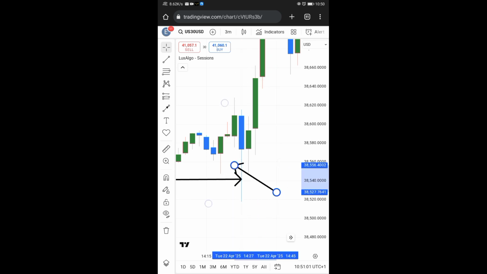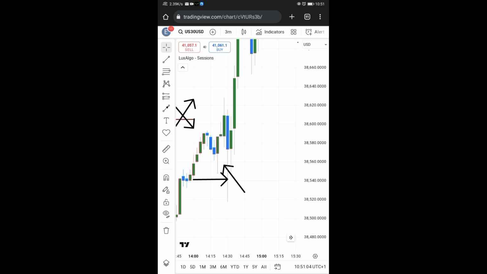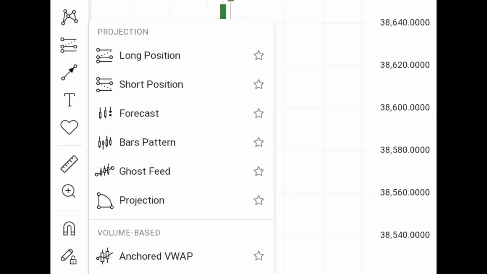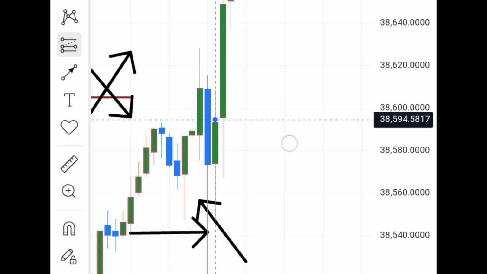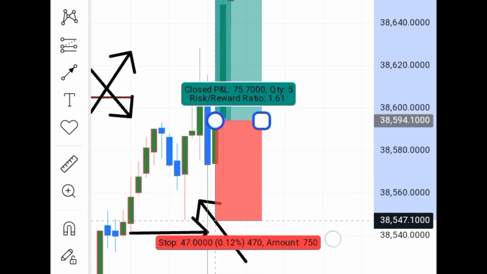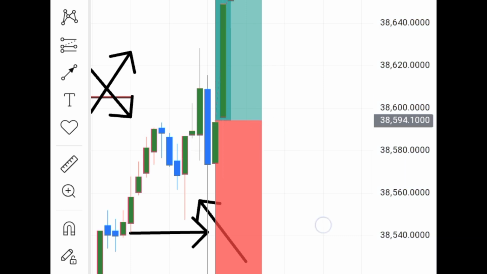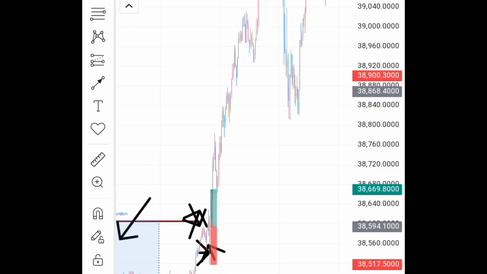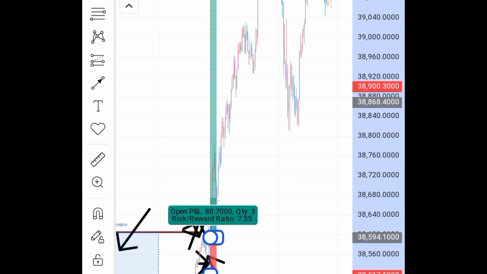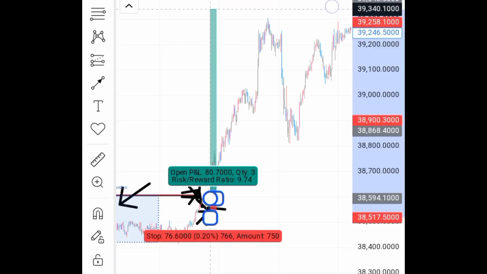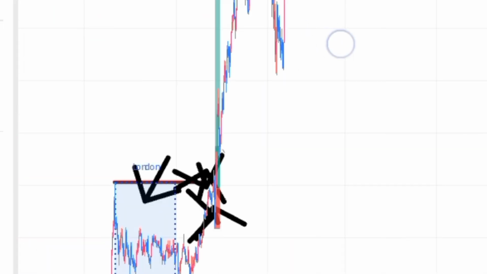So once it grabbed the low of the previous 30 minutes candle, we have to look for a bullish candle. Once the candle closes, we may look for 50% of that candle for entry, or we enter at the close of the candle. We go for our 1:10 or 1:20. It depends on what we are looking for.